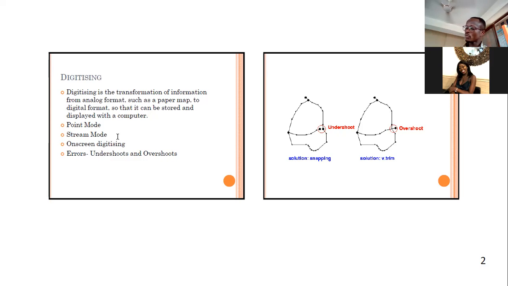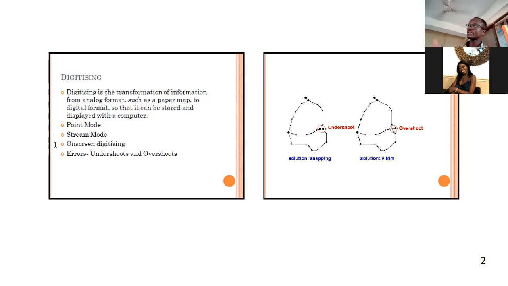So you just move your mouse along, say, a very long road section, and every now and then the computer records the coordinates. In that case, you don't have to be clicking all the time. So that's the advantage of the stream mode. The on-screen digitizing is when we do digitizing on your computer. We may do that practical as well. All right, so that's it.